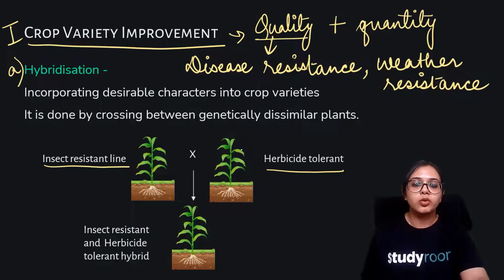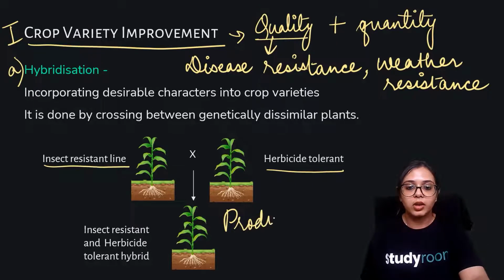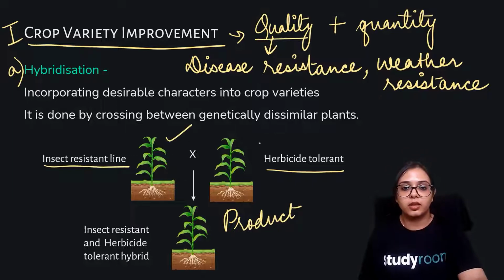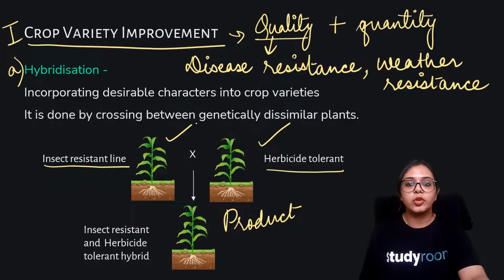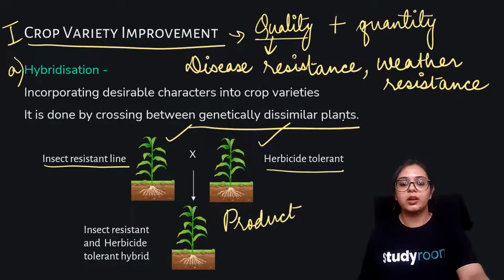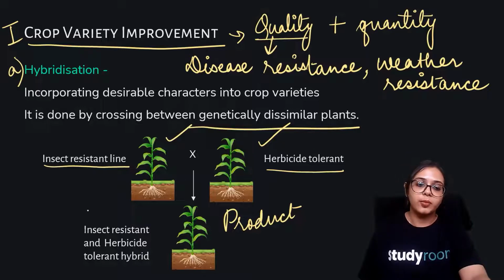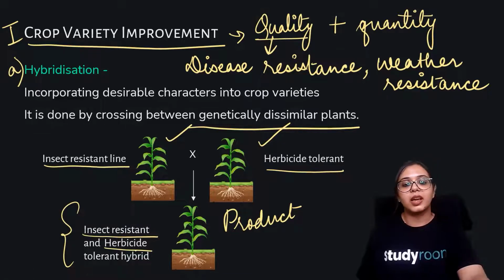So we are going to cross these two breeds. We are going to ensure that a desired product is obtained from the fertilization of this crop and this crop. Cross breeding is done between different varieties, between genetically dissimilar plants, so that the plant product we get is not only insect resistant but also herbicide tolerant.